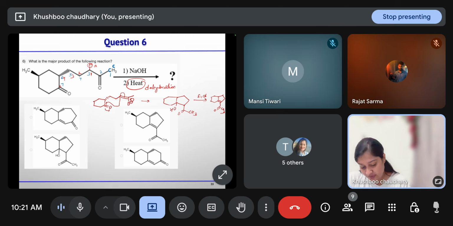And if it attacks on the other side, here this methyl is there. Then it will form a 7-membered ring.